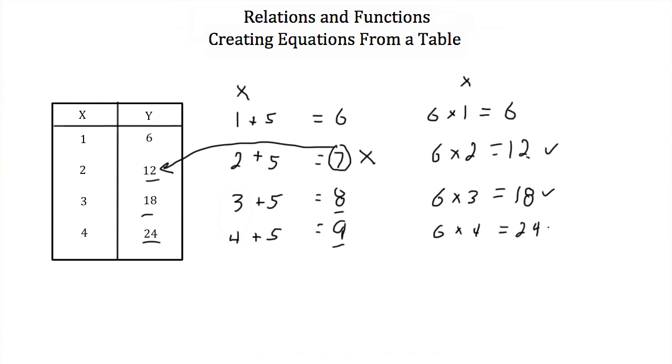So it looks like we've figured out our equation. Our y values, which is our 6, 12, 18, and 24, is equal to our x values, 1, 2, 3, and 4, multiplied by 6. So our equation would be y is equal to 6x.